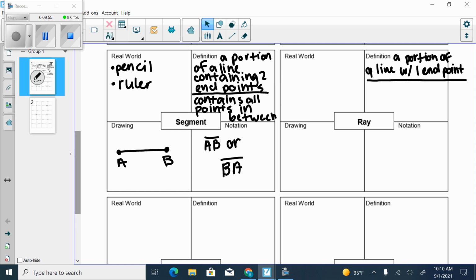And it will contain all points on one side of the endpoint.